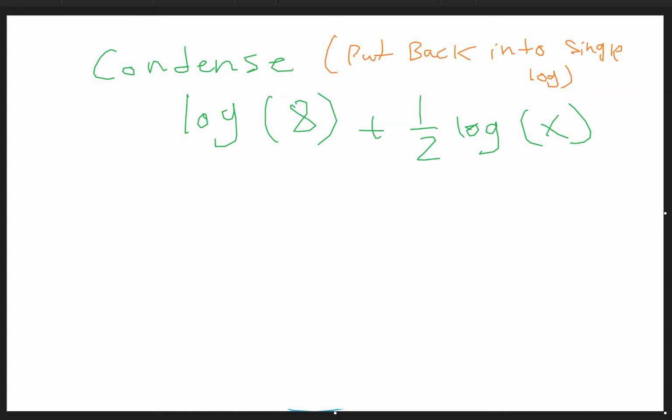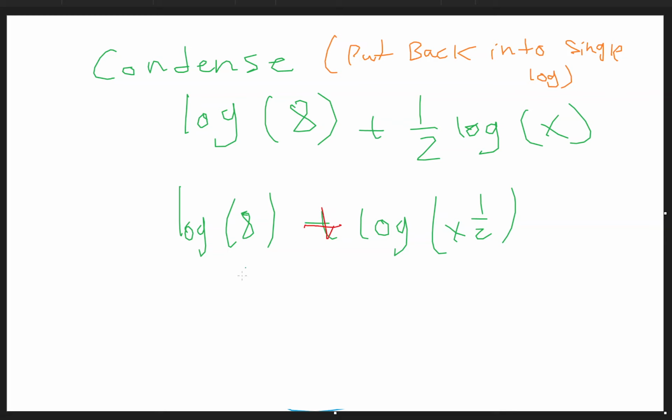So basically, we would put this as log of 8 plus log of x to the power of 1/2. And remember, when we're adding logs, we multiply. So this would be the same as log of 8 times x to the 1/2.